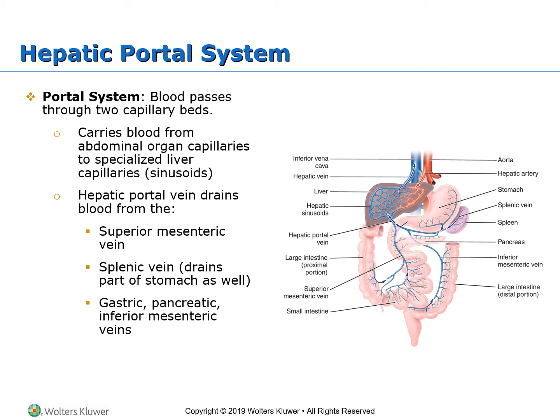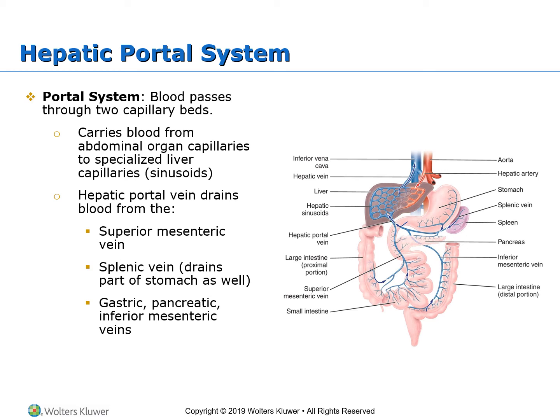So by doing that, portal circulation will allow for some of the products that one specific organ is producing to be rerun through a secondary organ. And you will see how that applies to the portal system. So if you're looking at the blood supply, how the veins are branching in, the branches from the stomach and from the small bowel will all branch together.